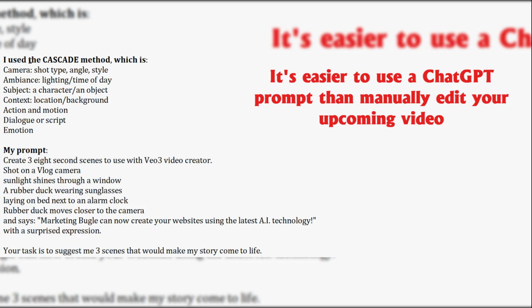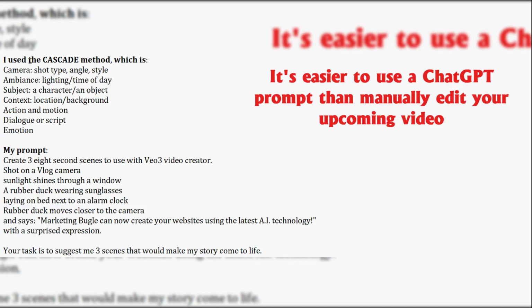It's shot on a vlog camera, sunlight shines through the window, a rubber duck wearing sunglasses, just for fun, laying on a bed next to an alarm clock. The rubber duck moves closer to the camera and says, "Marketing Bugle can now create your website using the latest AI technology," which is a factual video then, with a surprised expression.